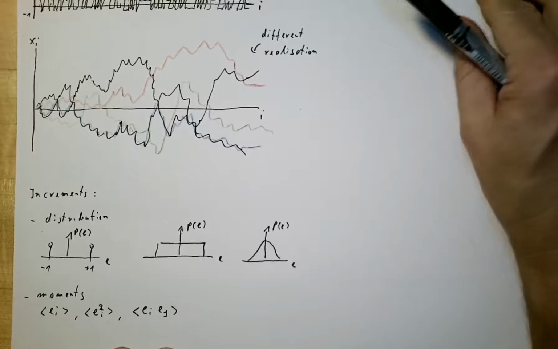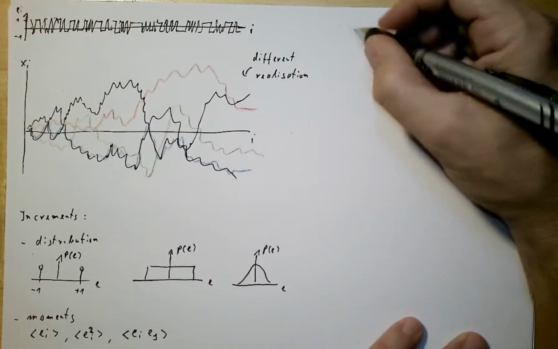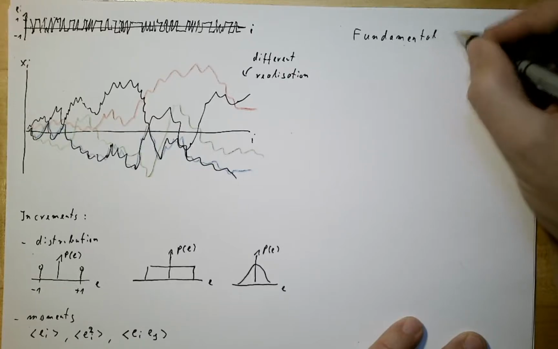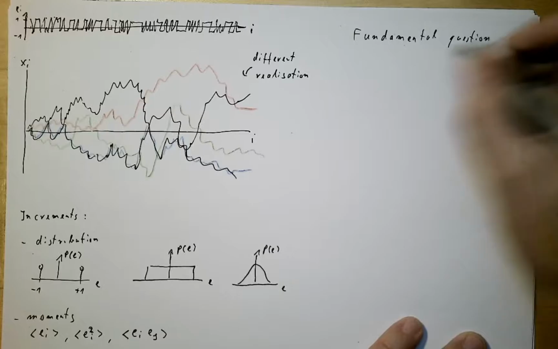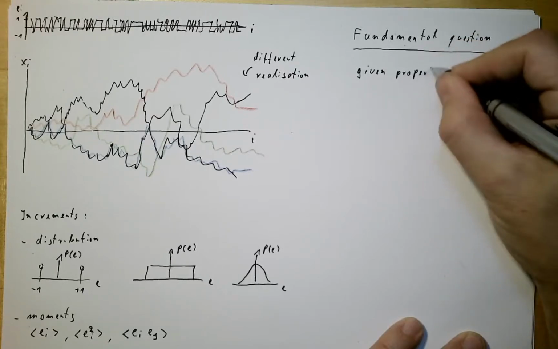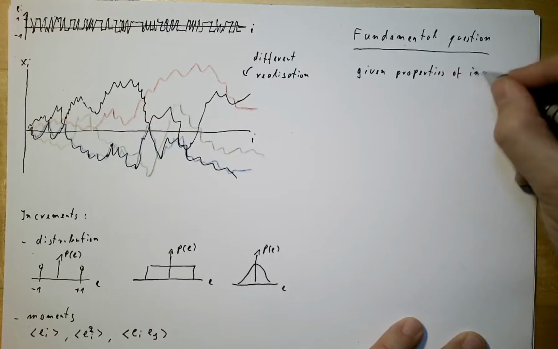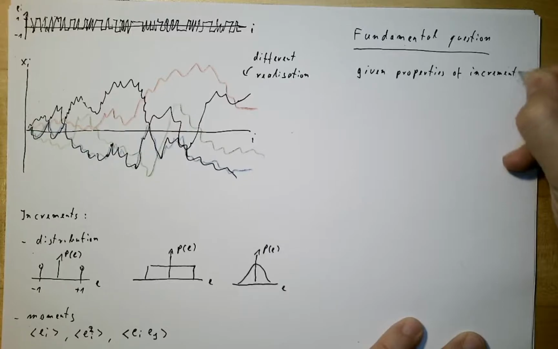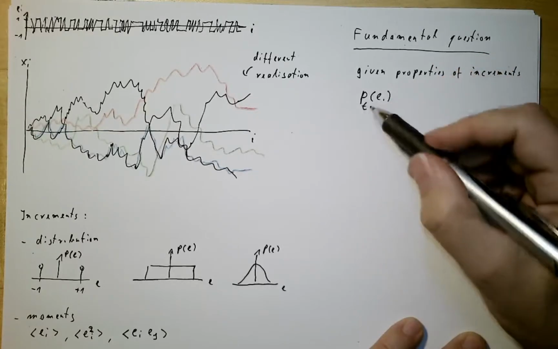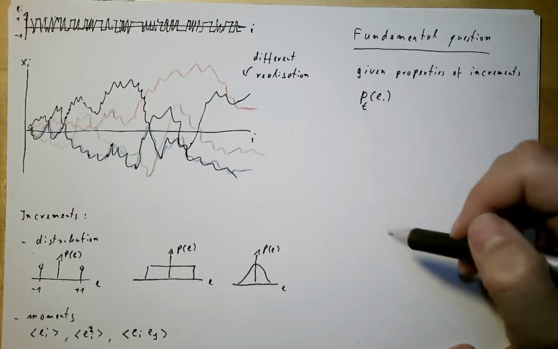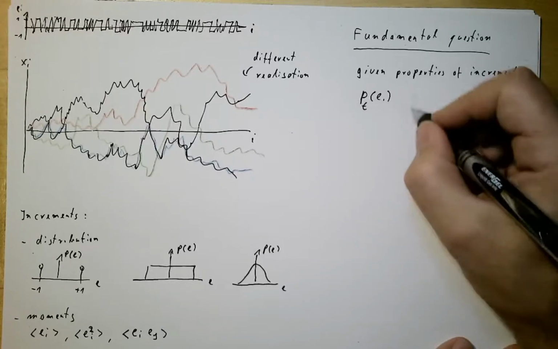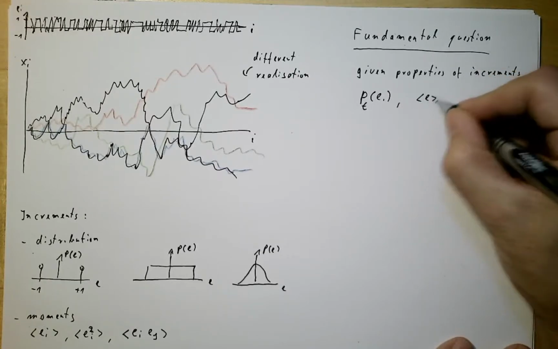So the fundamental problem, or the fundamental question: given the properties of the increments, which could be the probability of our increments, maybe as a function of time if it's not independent random numbers, if it's not identical random numbers, so the probability will change in time, or it could be given in form of our moments.